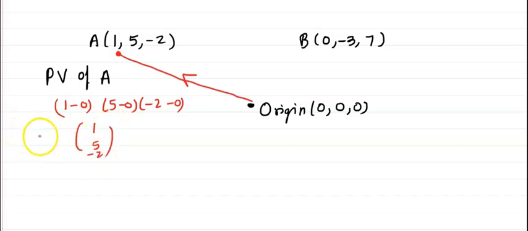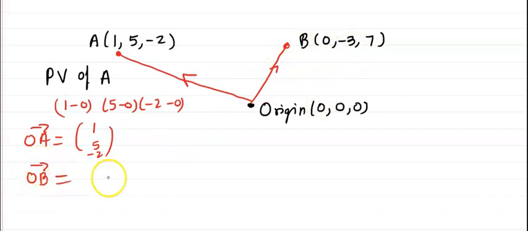That is the position vector of A. Because it is with respect to O, we can write OA is 1, 5 and -2. Similarly, if this is B, you can join OB. OB you can find like 0 minus 0 is 0, -3 minus 0 is -3, and 7 minus 0 is 7. So the column vector is 0, -3 and 7.